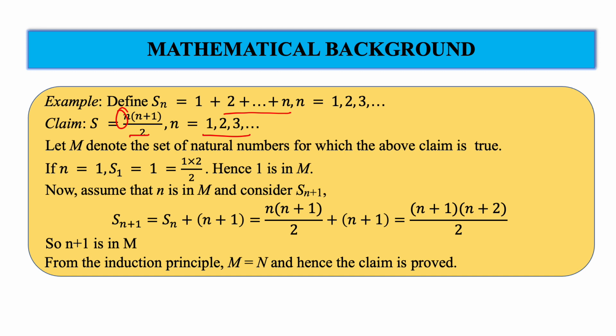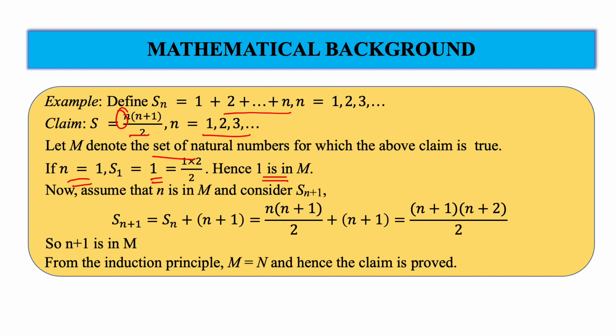Now we want to prove this by the principle of mathematical induction. Let M denote the set of natural numbers for which this claim is true. Now if n is equal to 1, S_1 is equal to 1, which is nothing but 1 into 2 by 2. Therefore 1 belongs to M. So the first property is satisfied.